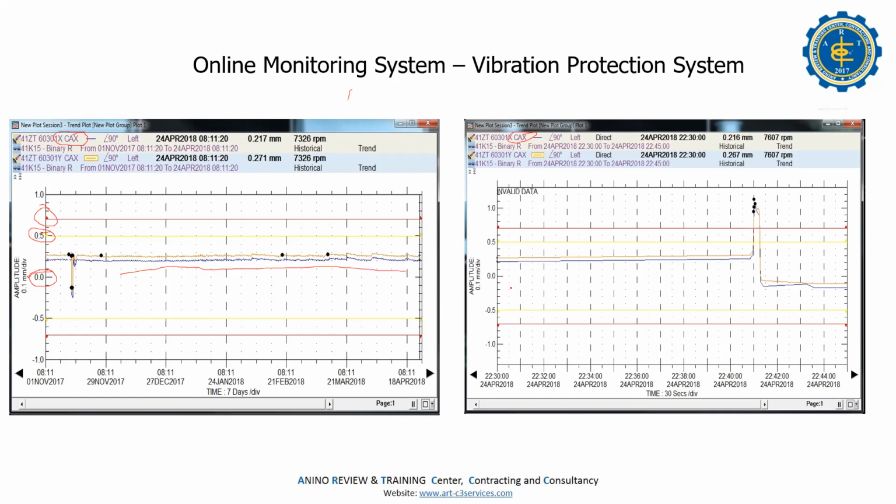Now there is a problem. There is high vibration, the problem increases, and there is a trip. Now, if your equipment has no online vibration monitoring or protection system, what happens to the equipment?